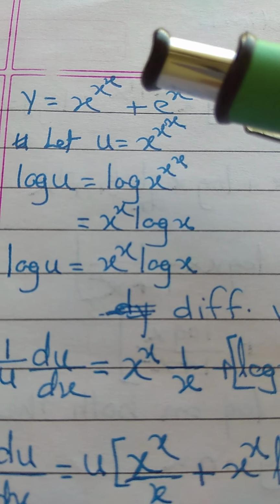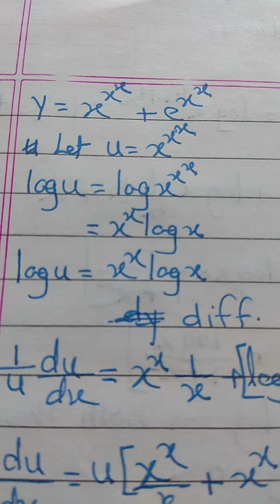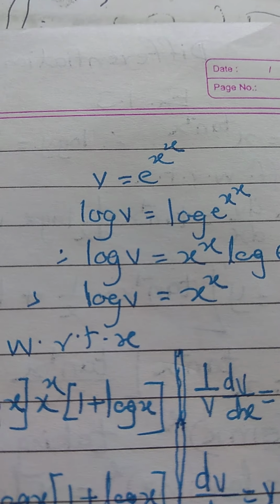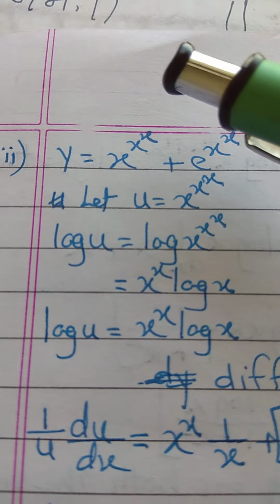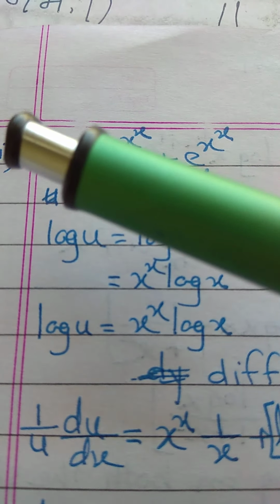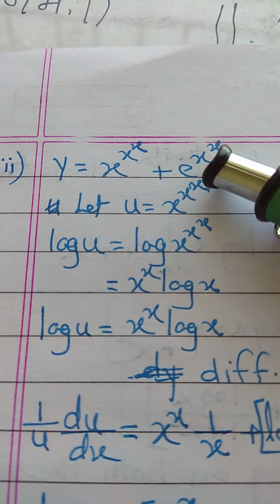Now Roman 2, y equal to x raised to x plus e raised to x. Let u equal to x raised to x and v equal to e raised to x. Keep in mind this plus sign is there. If you are taking log on both the sides, we don't have any result of log of a plus b.